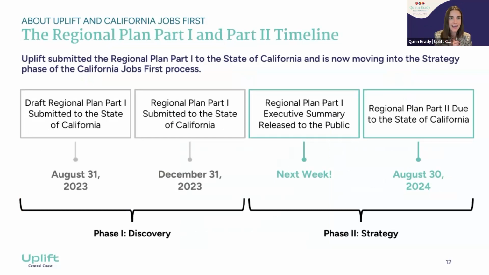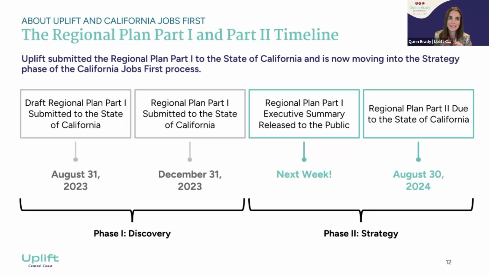Really excited to say that next week we will be releasing fully publicly all of that Regional Plan Part 1, which is all of our research and work to date. It's over 200 pages, I think 226. So we hope you'll read it. But if you don't want to get into all of those pages, we are also putting out an executive summary, which I think really shares the main findings and the heart of the work that we've been doing.